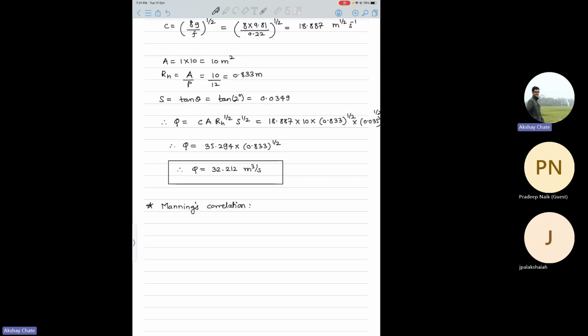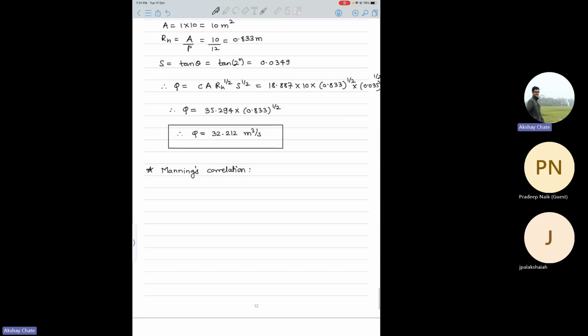Here this constant is replaced, so basically you get Q as some constant into area into hydraulic radius power 2 by 3 into S power 1 by 2.